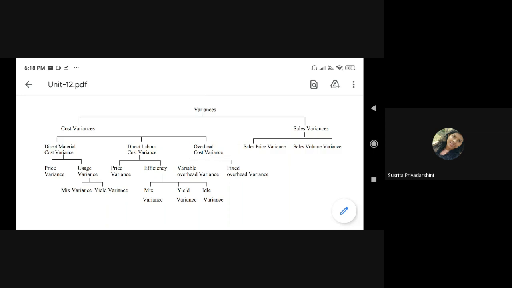Just like that, under direct labor cost variance, we have labor price variance. Next, efficiency variance. It is also called volume variance, but here it is written as efficiency variance. It can also be called the labor rate of pay variance. Next, under overhead cost variance, we have two divisions, variable overhead cost variance and fixed overhead cost variance.